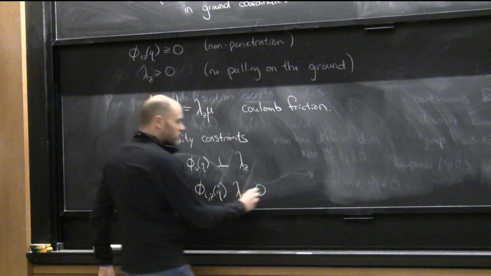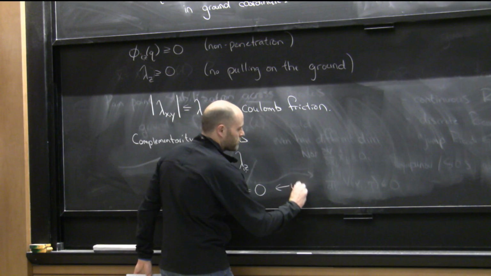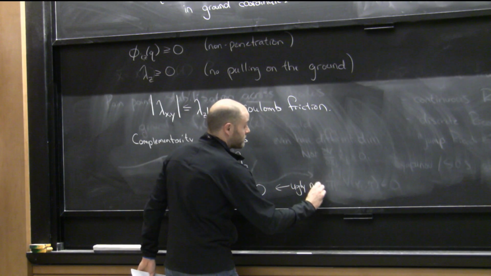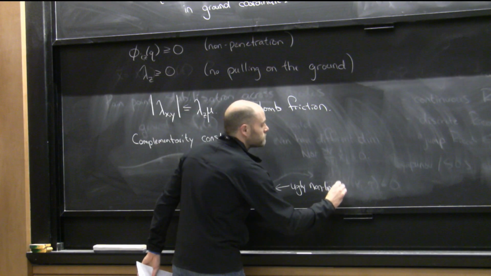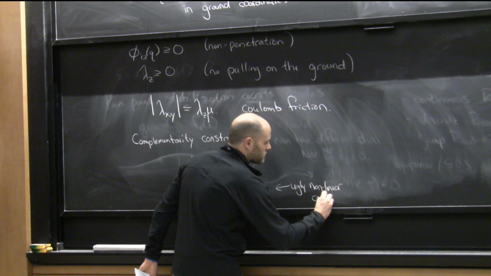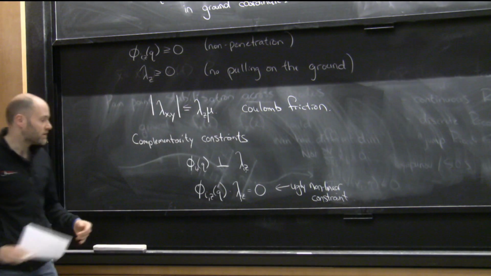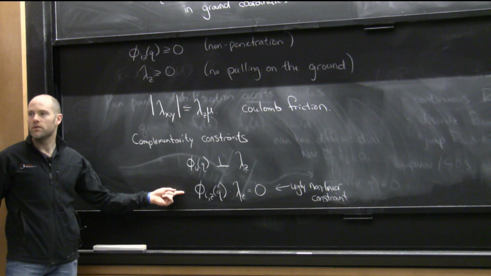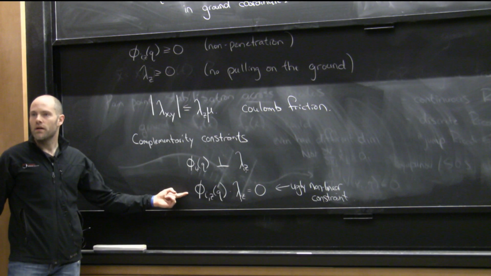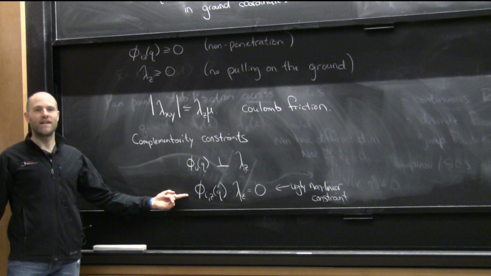This is potentially sort of an ugly nonlinear constraint. And the name of the game today is going to be, how do you think about that constraint well? One of the good things is that this constraint is not unique to contact mechanics.